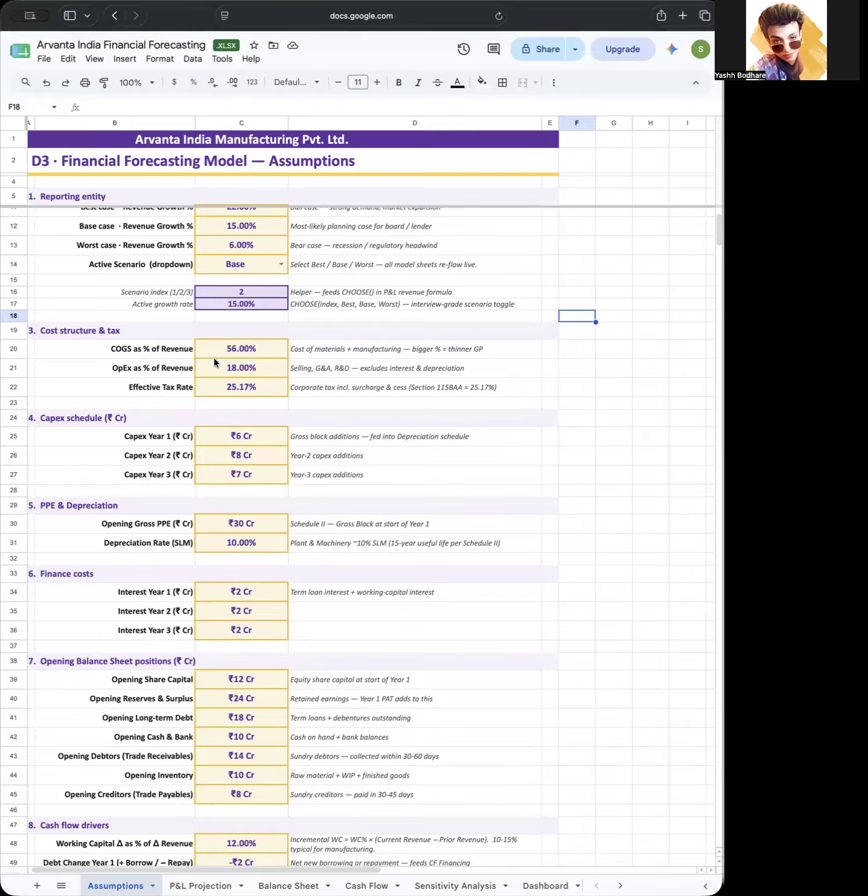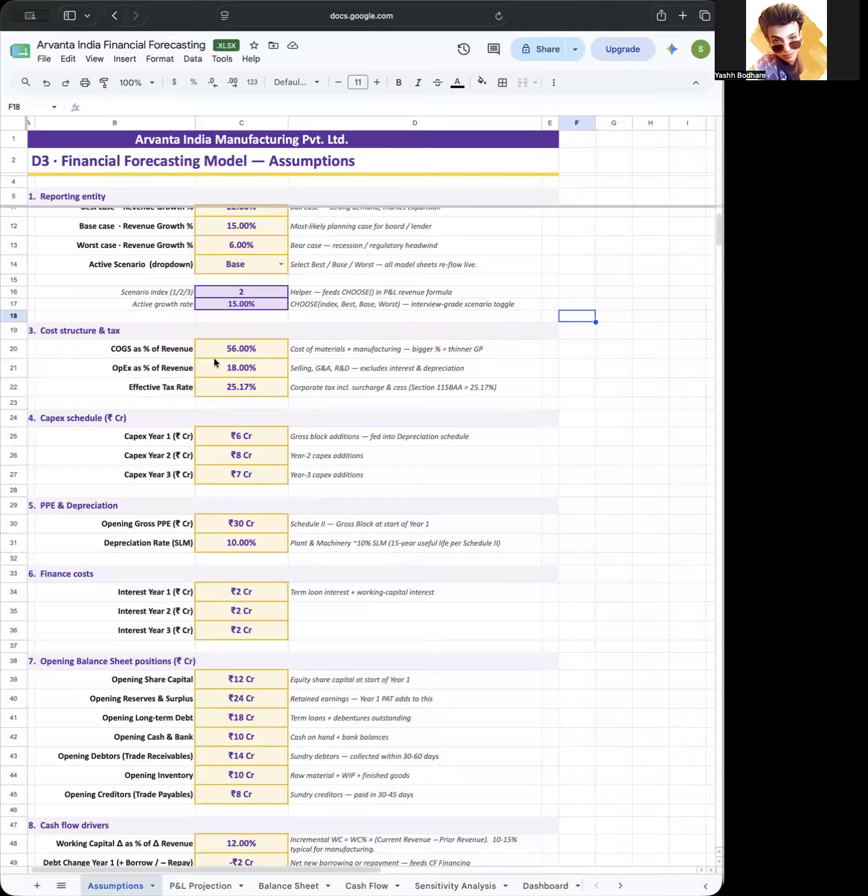So COGS as a percentage of revenue is 56%. For Avanta India, COGS includes the direct costs associated with manufacturing and delivering its products, such as raw materials, direct labor, manufacturing consumables, production-related utilities, factory overheads, packaging, and other direct production costs.